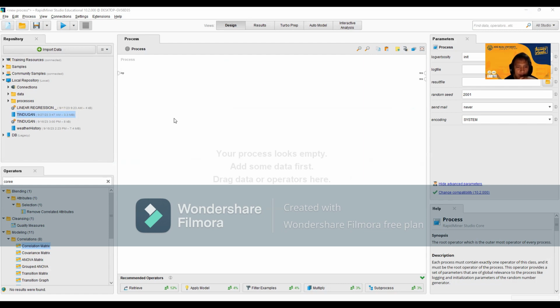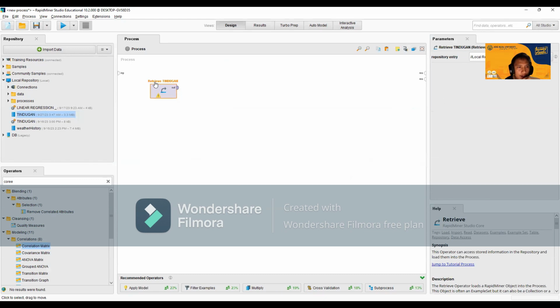I excluded certain attributes from consideration, for example this one.